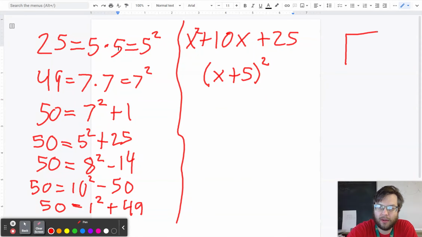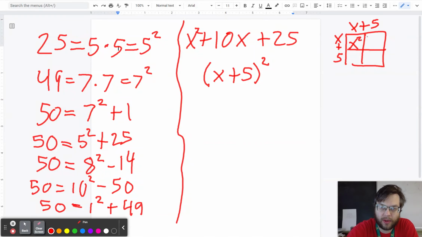If I draw my little area model, x plus 5 on each side of the square, I get x squared, 5x, 5x, and 5 times 5. So this diagonal here adds up to 10x. And that's how I know that x squared plus 10x plus 25 is the same as x plus 5 times itself. That is the idea of writing it as a perfect square.